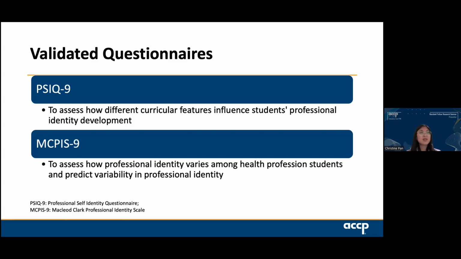The PSIQ-9 survey assesses how different curricular features influence students' professional identity development, and the McLeod survey assesses how professional identity varies among health profession students and predicts variability in professional identity. Overall, in the background studies involving professional identity formation, using the PSIQ-9 survey showed PIF progression among medical students, and using the McLeod survey showed no change in PIF among the pharmacy students.